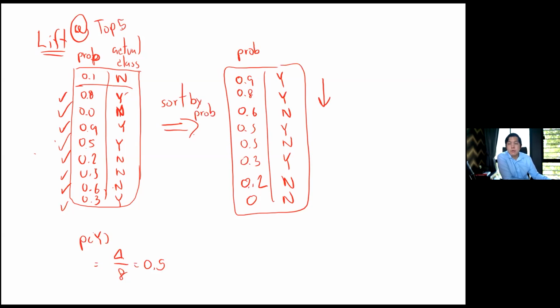And then say we want to calculate the lift at the top 5. Actually, it should be the top 10% or something, but we have only this many points, so I'll just use that.